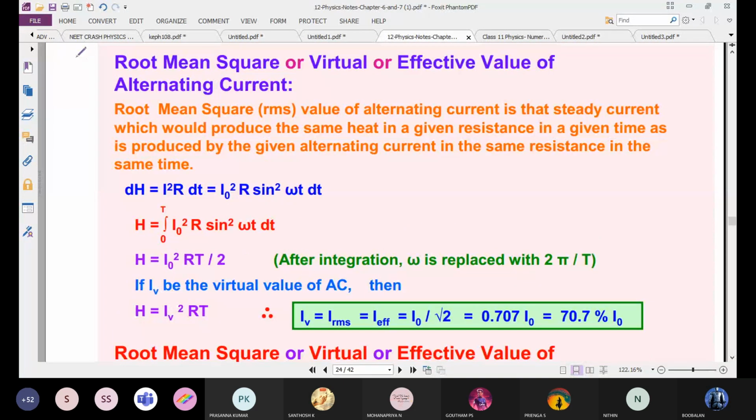So next one, RMS, root mean square, otherwise virtual or effective value of alternating current. So I RMS means the root mean square value. It is equal to I naught divided by root 2. No need for the derivation part and all.